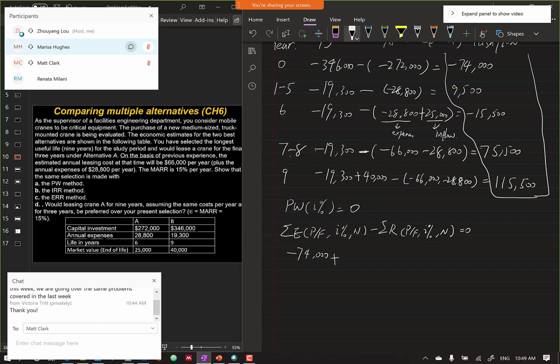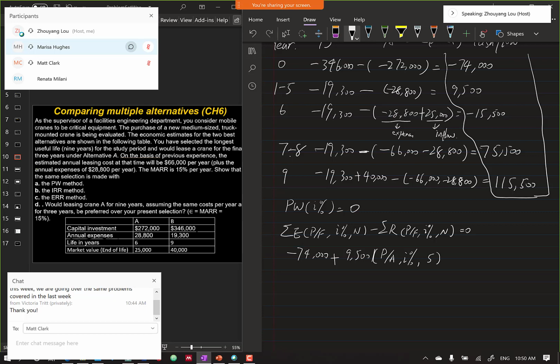Now from year 1 to 5, that's 9,500. So we calculate the present worth given the annuity, and this one we don't know. That's 5 years.